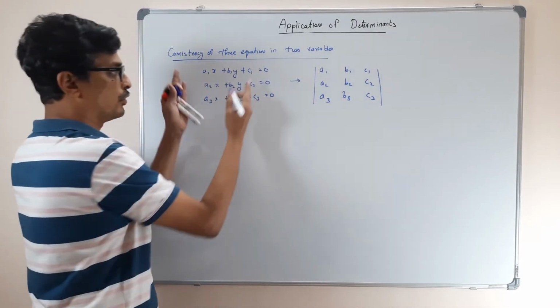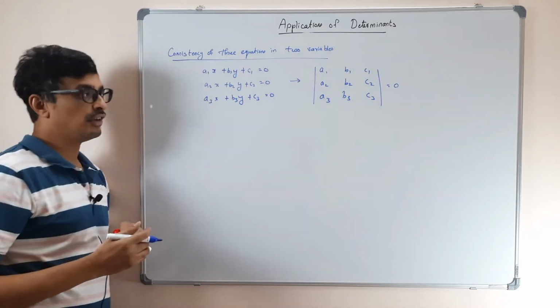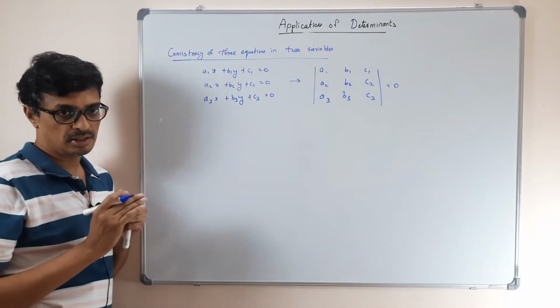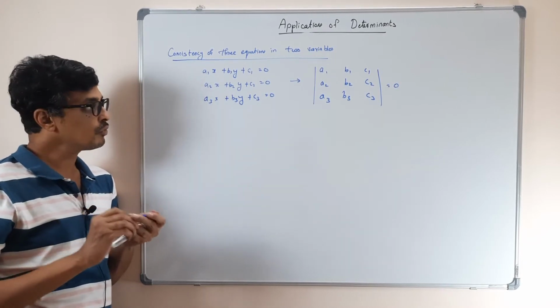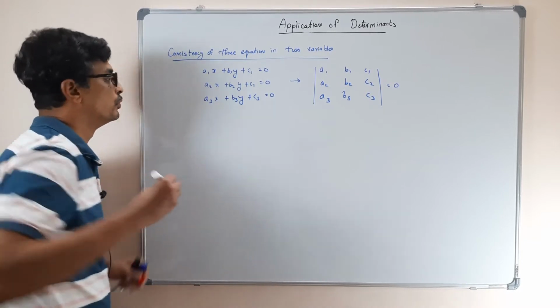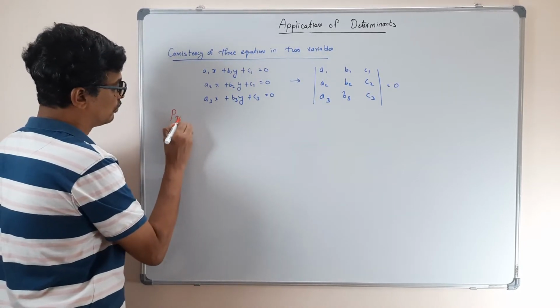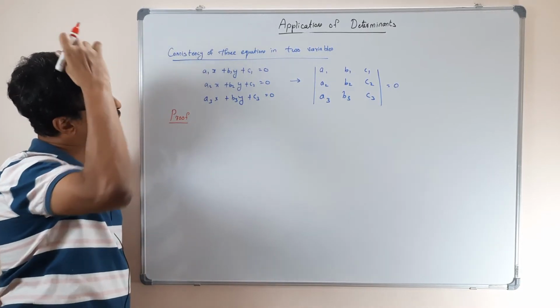Okay, this is the determinant of these equations. If this is equal to 0, then we can say these 3 equations are consistent. We will prove it now. Proof. Okay, so what's the proof?